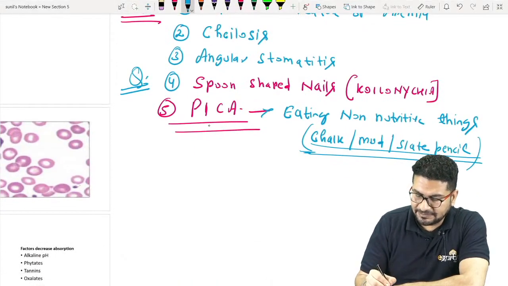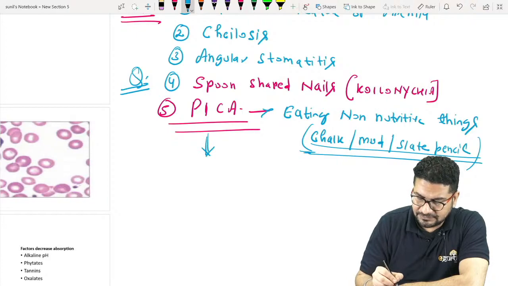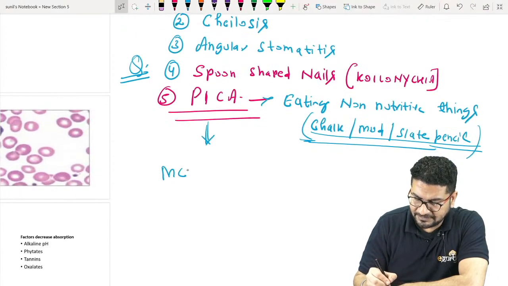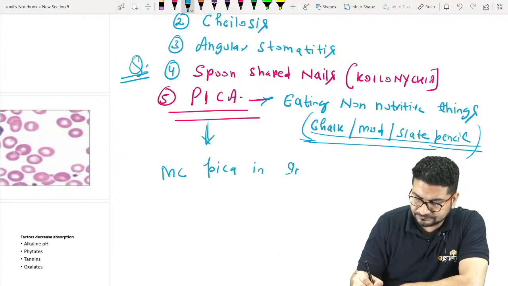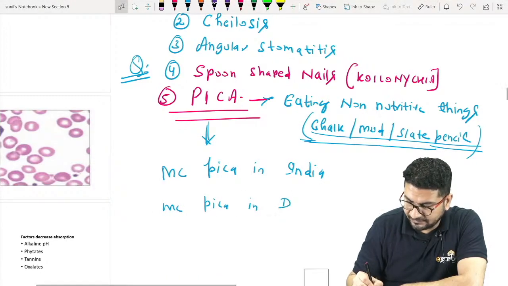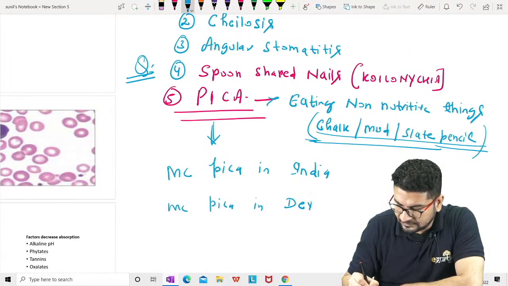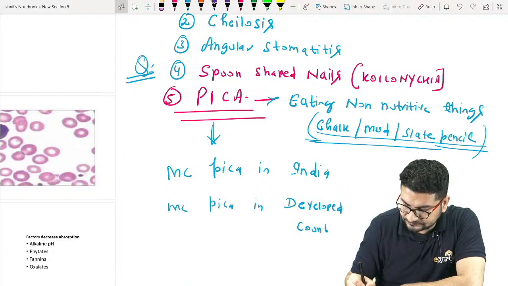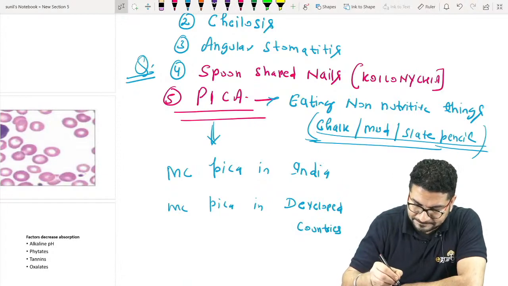So understand this. If you see, there are two types of common pica. The most common pica that is seen in India, and the most common pica that is seen in developed countries, or I can say cold countries.